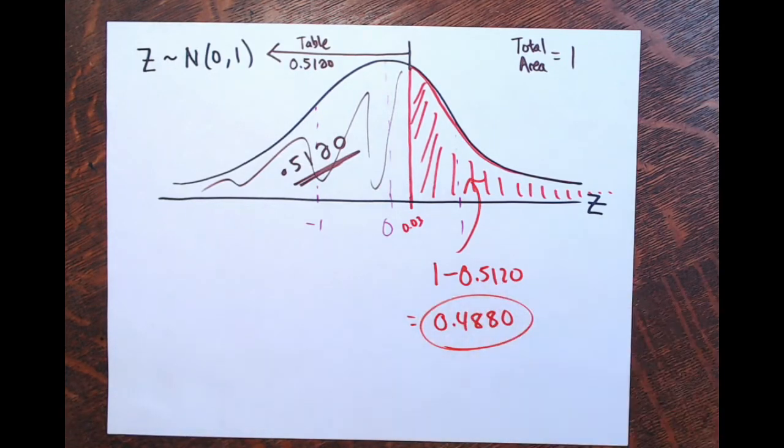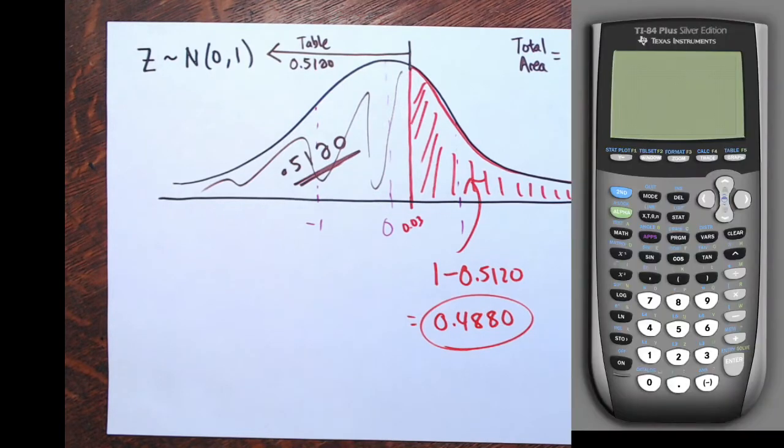If you add those up, 0.5120 and 0.4880, you'd get 1, 100%. But again, you just got to remember that the table values give you areas to the left, so if they're asking for areas to the right, you're going to have to subtract it from 1. And again, you could have had the calculator help you out here.